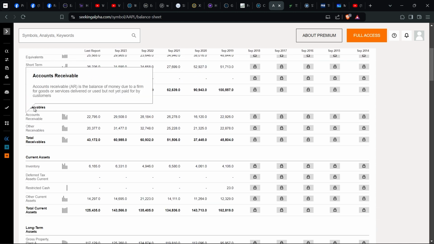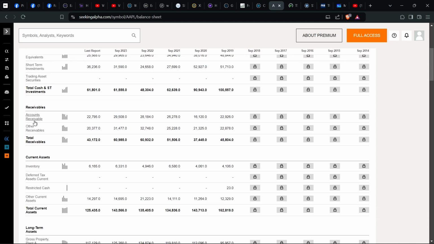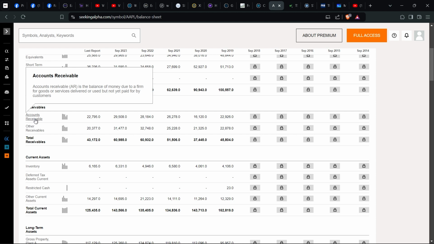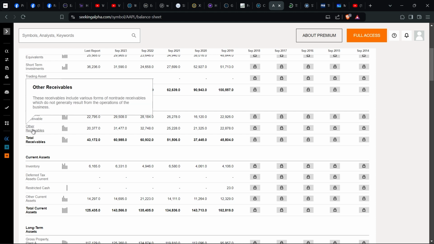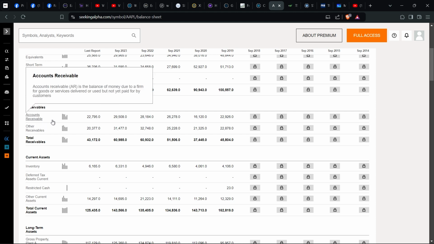Now we are moving on to receivables. Accounts receivable (AR) is the balance of money due to a firm for goods or services delivered or used but not yet paid for by customers. Then there are other receivables.